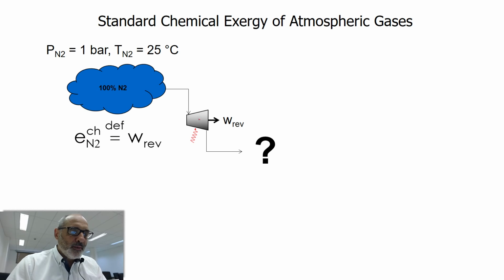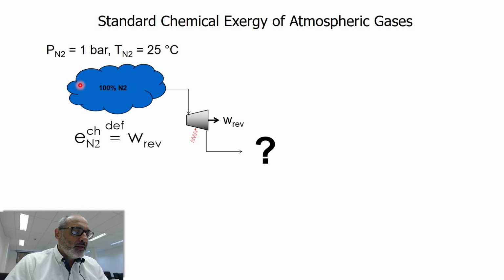So what is our problem right now? Our problem is to assess the chemical exergy of atmospheric gases. So let's consider nitrogen. Suppose I have 1 cubic meter, or a certain amount of nitrogen, at 1 bar, 25 degrees, which is our reference temperature and pressure.